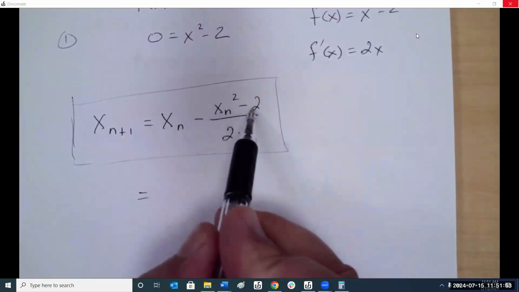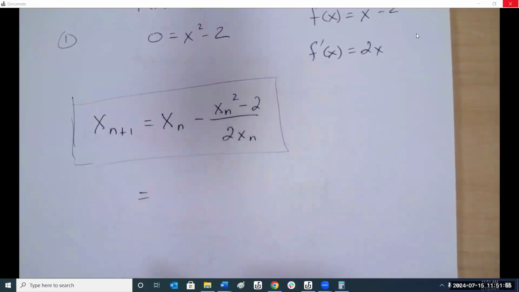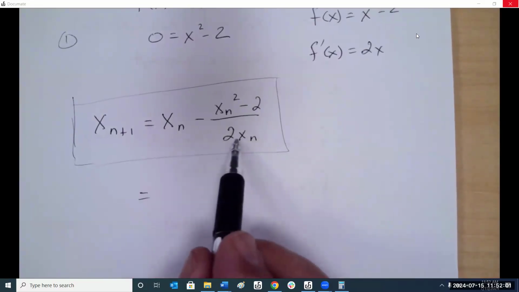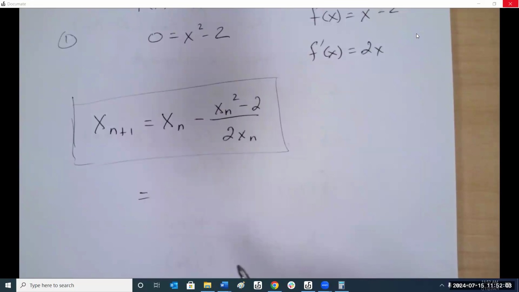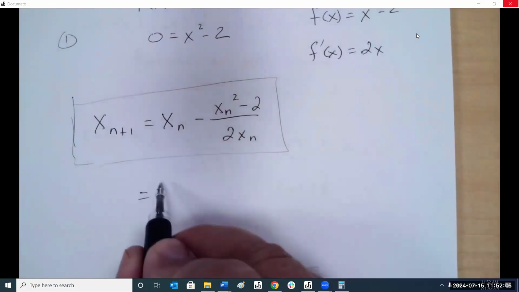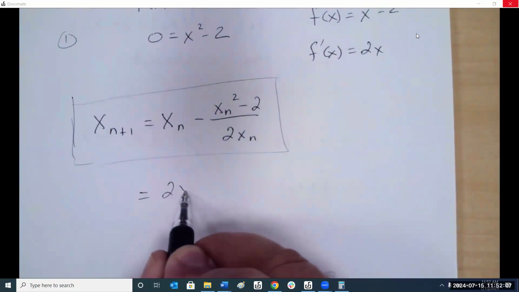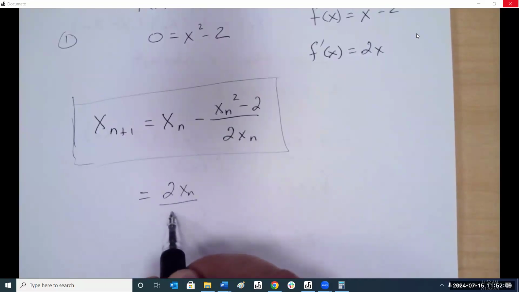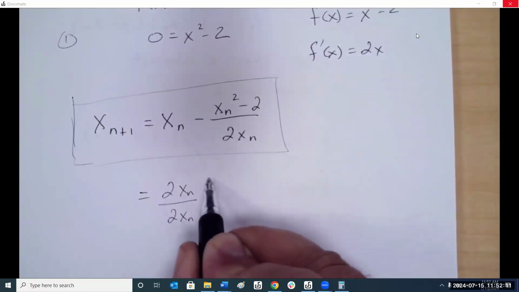We can't, because it's not a perfect square. We could look at it and say, okay, we need to get a common denominator. So we can put 2 x sub n over 2 x sub n.